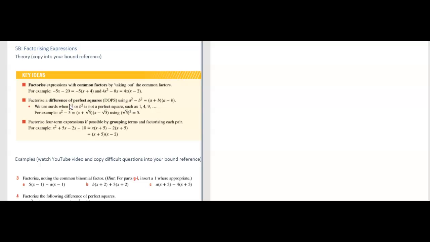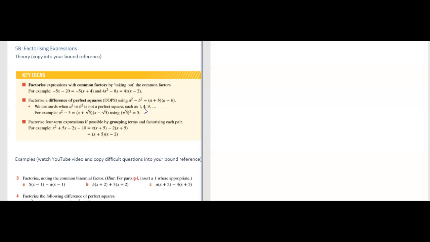Factorising using the difference of perfect squares: a squared minus b squared equals (a plus b)(a minus b). You'll remember that from the previous section, 5a. Factorising is basically the opposite of expanding. We can also use surds when we don't have a perfect square.